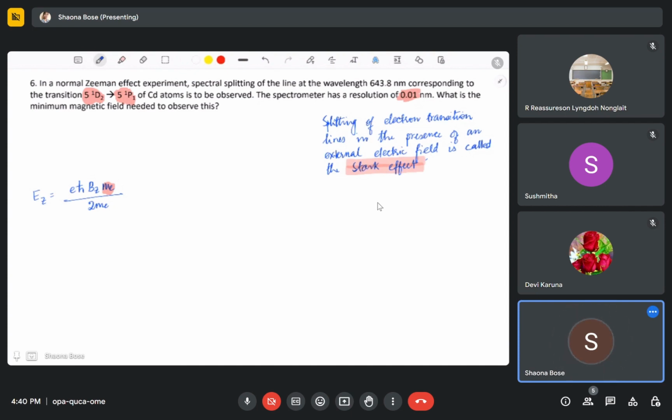So what is the information that is given? We have a wavelength, okay, we have a lambda given. Very good. Lambda is equal to 643.8 nanometers, and there is a resolution. Okay, let's see how to use this resolution later on.